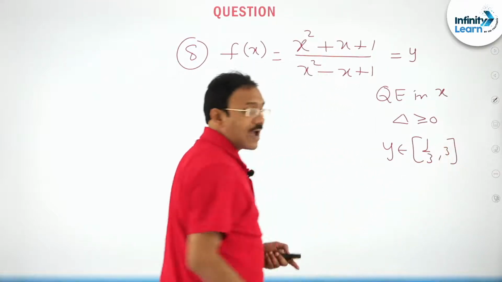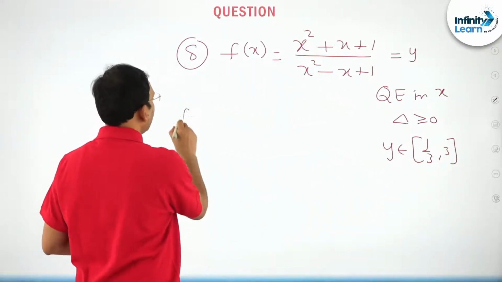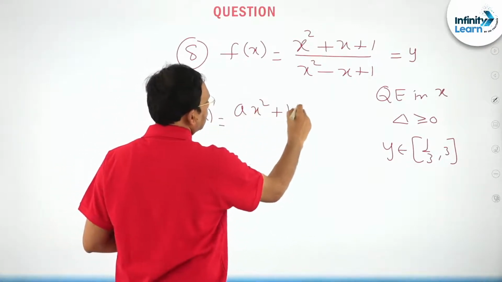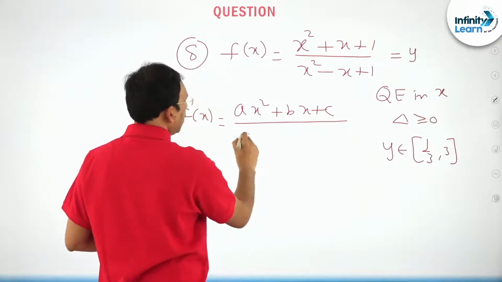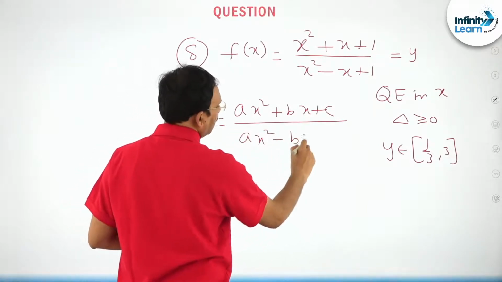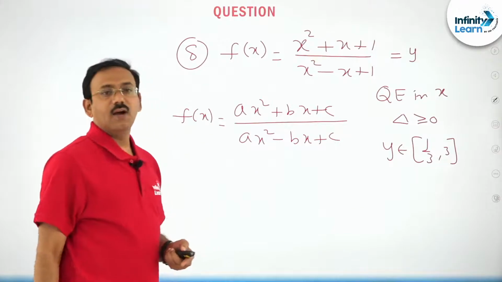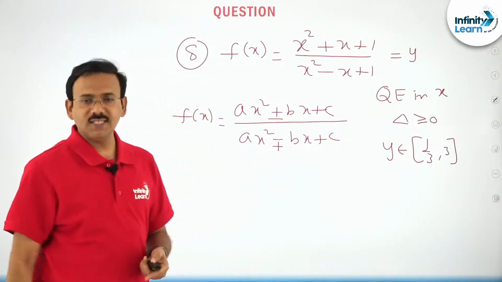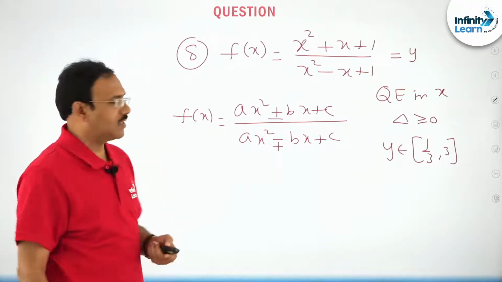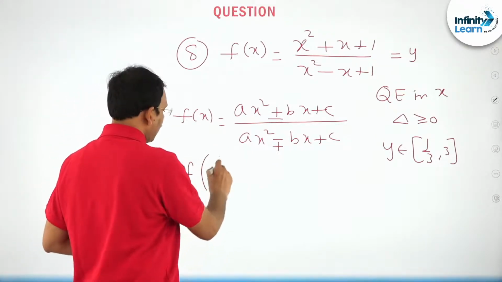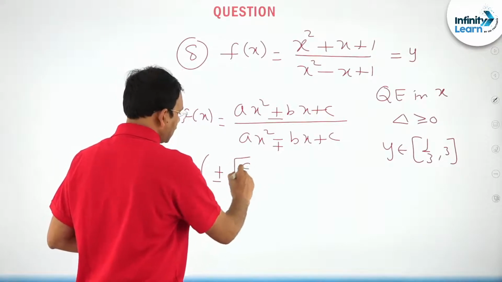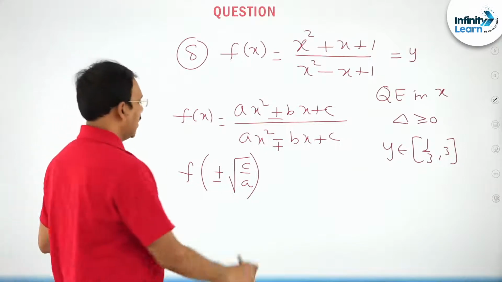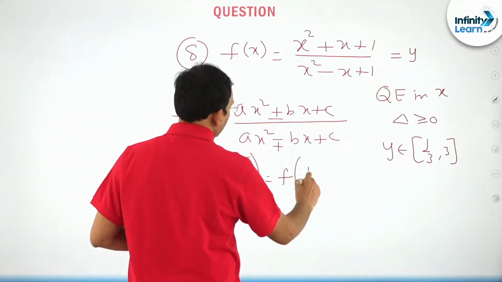Rather, friends, if you are given a function like f of x is equal to ax square plus bx plus c by ax square minus bx plus c, or maybe here minus here plus, in this case we have a shortcut to find the range. f of plus or minus root of c by a will give you the range.